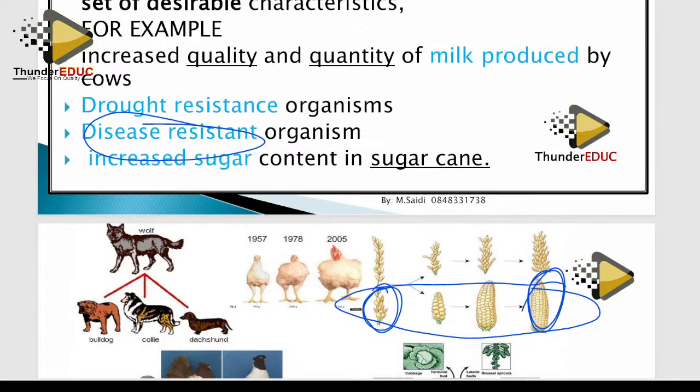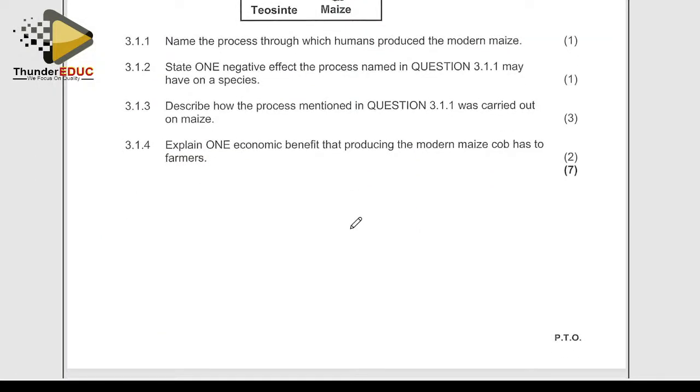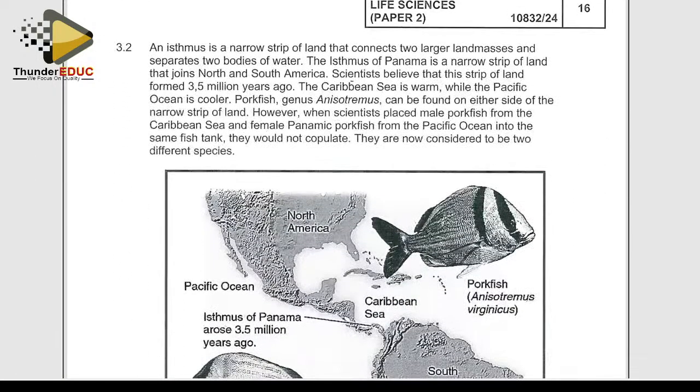You see? So more on the cob means the farmer will be able to sell and get a lot of profits. So if you can explain any one of these, you were supposed to get a mark in that regard.